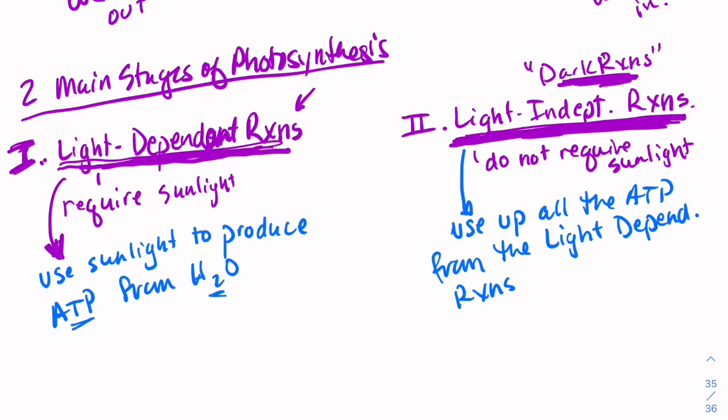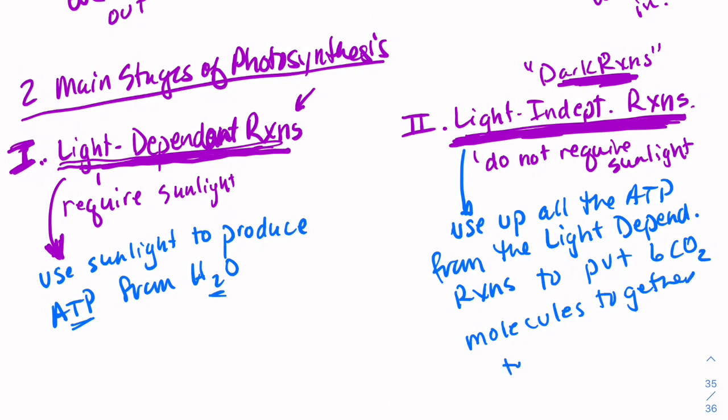So they use up all the ATP from the light-dependent reactions to put 6 CO2 molecules together to make C6H12O6, basically a sugar molecule. That's under ideal conditions, but they do basically make sugar molecules.